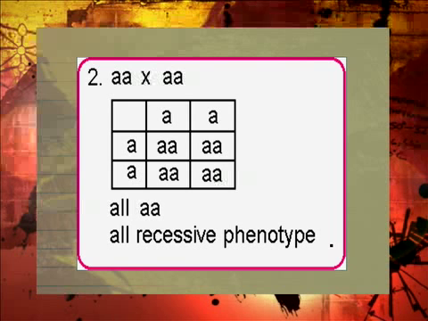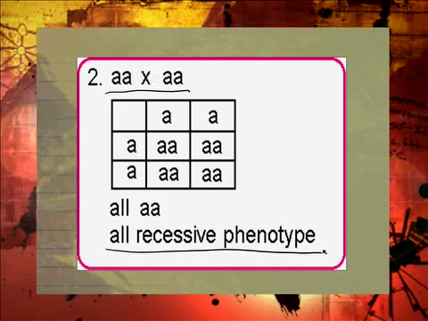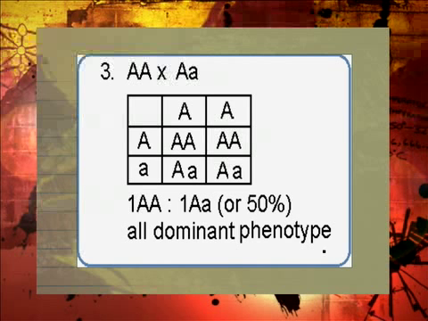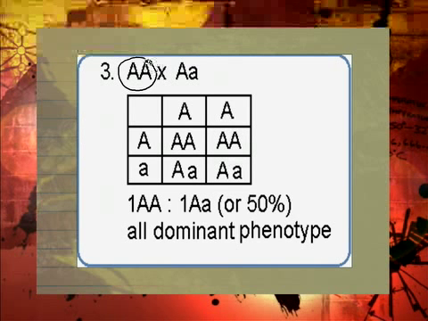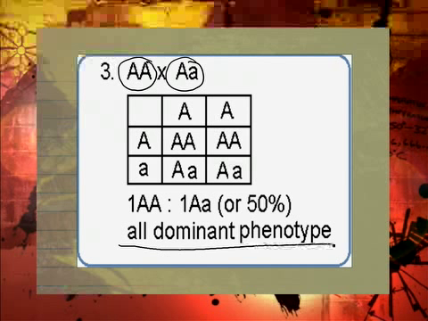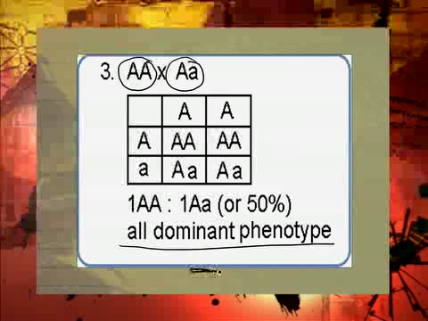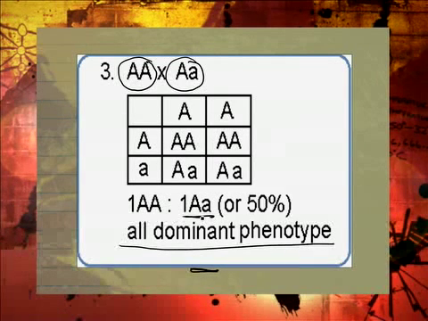You can have the opposite of that, where you start off with a parental generation of all recessive, which means that you're going to get an all recessive offspring. You can have one dominant homozygous crossed with a heterozygous, and you're going to get all dominant phenotype, because remember that clearly is dominant and so is that.